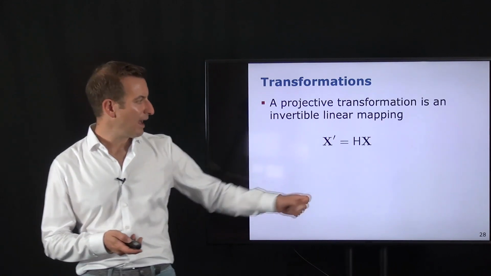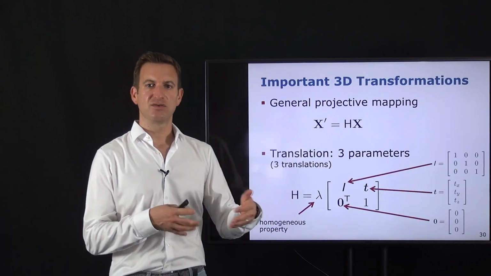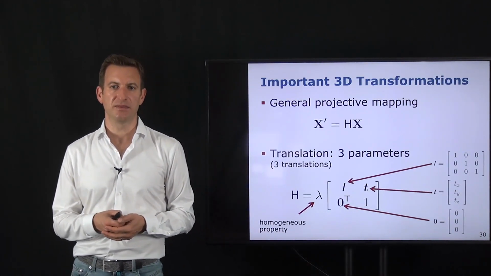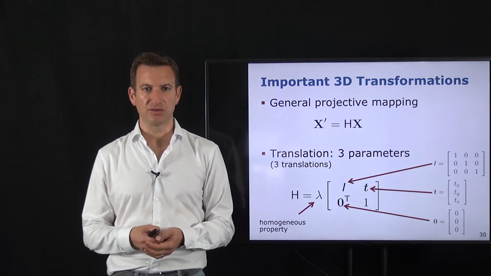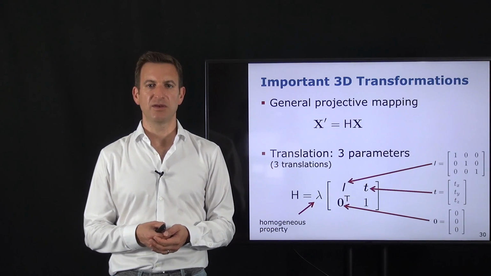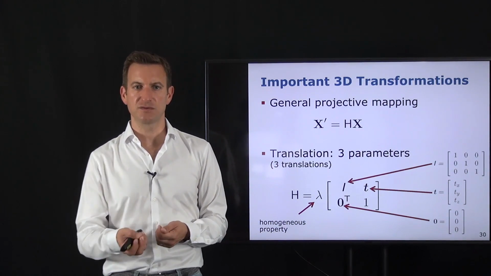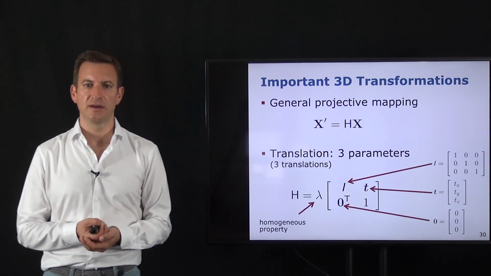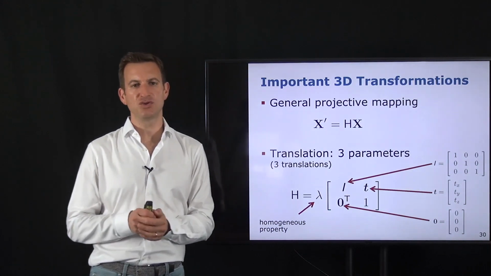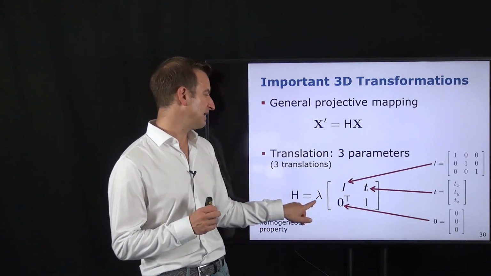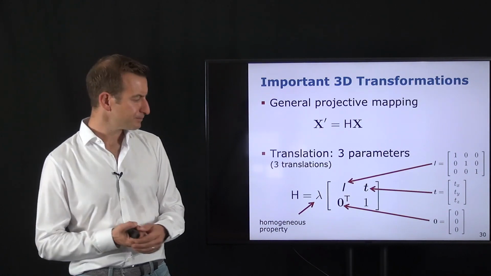Let's have a look at how this matrix H actually looks, and try to make the connection to the Euclidean space. What is a translation in the 3D Euclidean space, for example? It would be a translation by x, y, and z. So I have a shift in x, a shift in y, and a shift in z coordinate. It can be expressed by a matrix H. Again, the matrix H is a homogeneous object, so it can be multiplied with any arbitrary scalar factor. This was our homogeneous property.